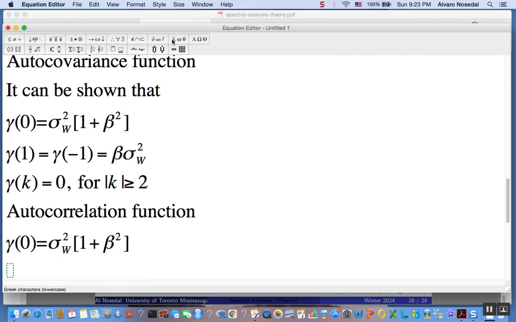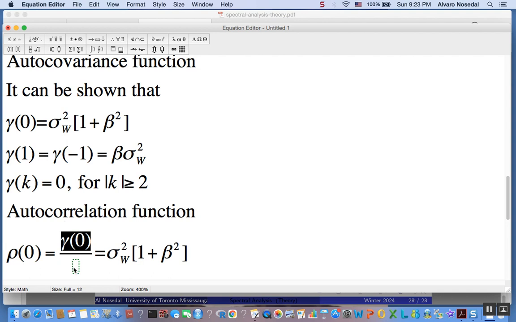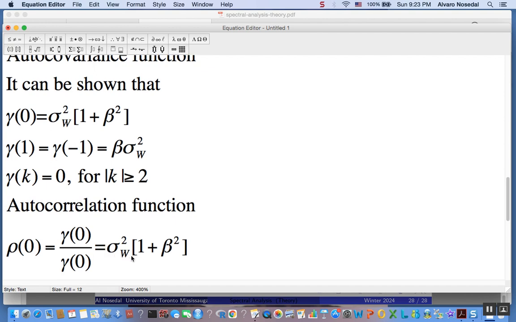So rho at 0, of course, since it's gamma at 0 divided by gamma at 0, is just going to be a beautiful 1. It will be this divided by itself. That's just going to be 1.